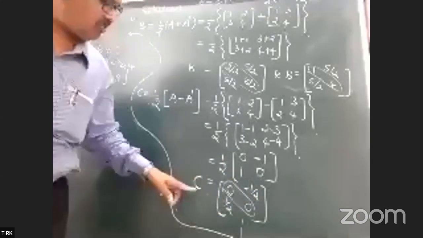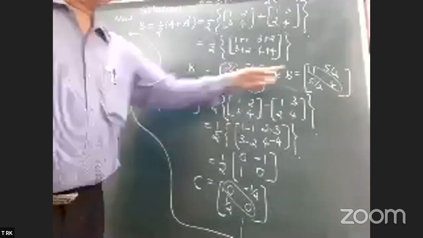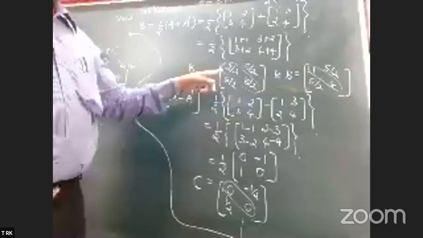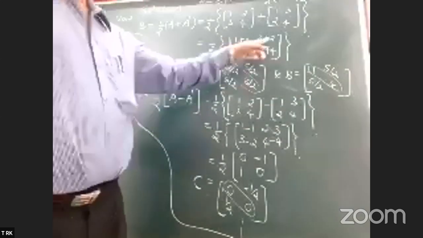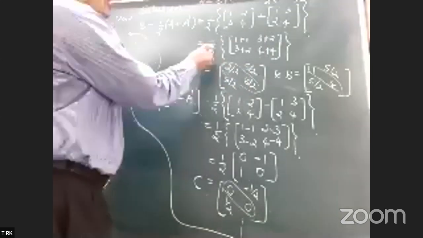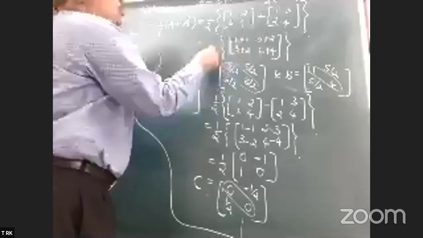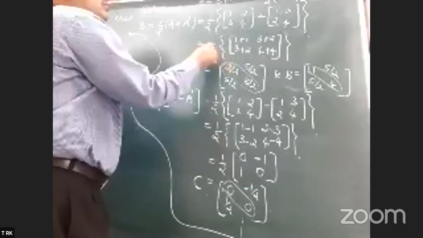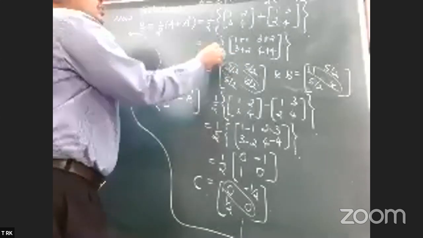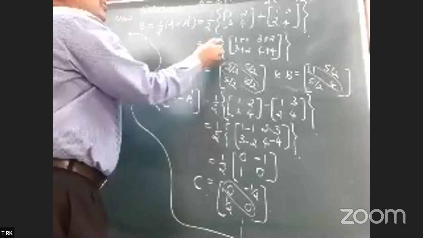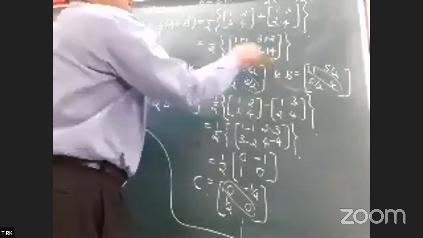Here B is the symmetric matrix. Divide all terms by 2: 3 plus 2 is 5, so 5 by 2, and 8 by 2 is 4.